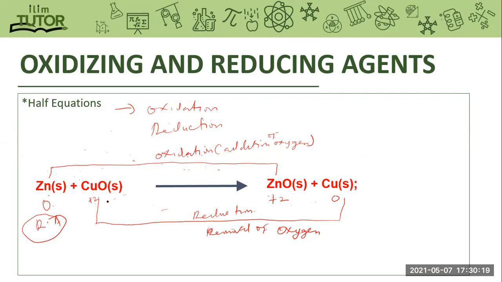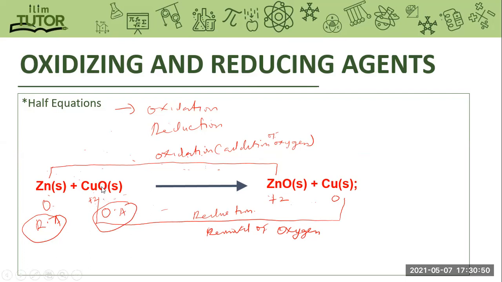So any species that undergoes reduction is an oxidizing agent, and that is why it itself gets reduced at the end of the reaction. So if I can split into half equations, the one that undergoes oxidation is a reducing agent, while the one that undergoes reduction is the oxidizing agent. Or basically, you can just look at it from here, the one that contains oxygen is the oxidizing agent.